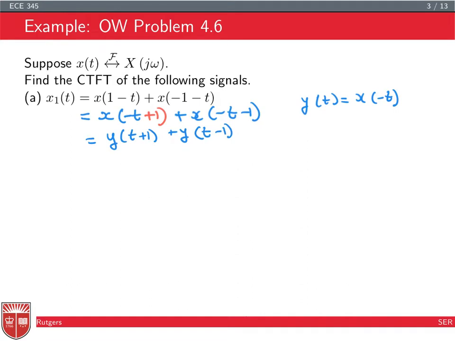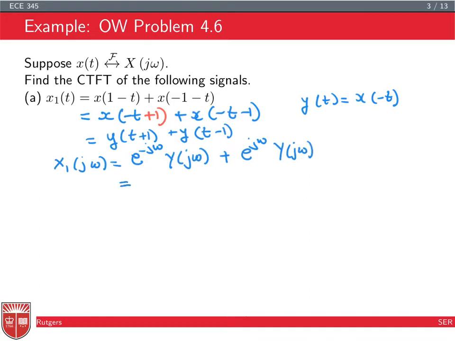In this way, I can use the time shift property, and I can write that x1 of j omega is equal to e to the minus j omega y of j omega plus e to the j omega y of j omega.